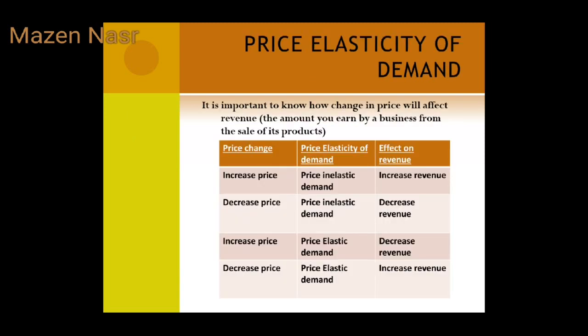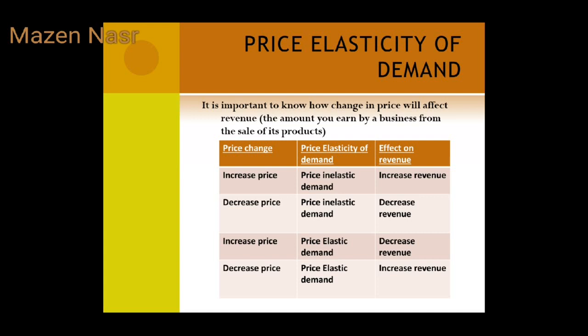So simply, here we can know how the change in the price will affect the revenue. Remember, the revenue is the amount that the business earns from the sale of its products. If I'm selling cinema tickets, pens, pencils, whatever products that have a lot of substitutes, if I increase the price and my product is elastic, I have a price elastic demand, my revenue will reduce because fewer people will buy.